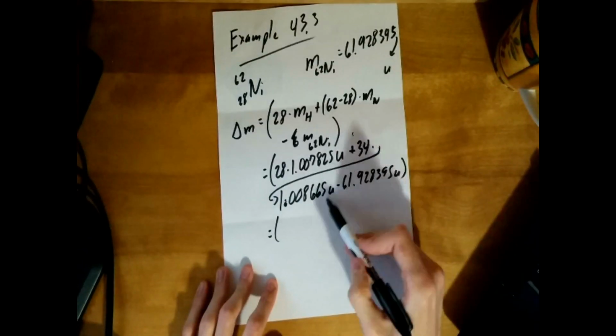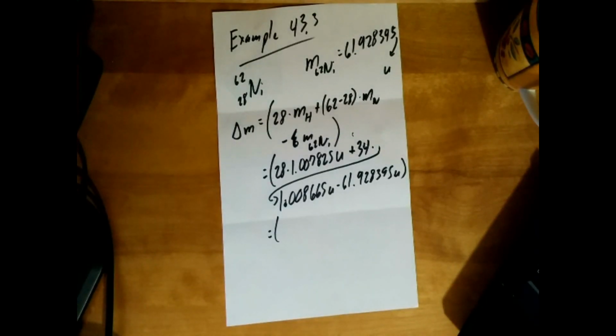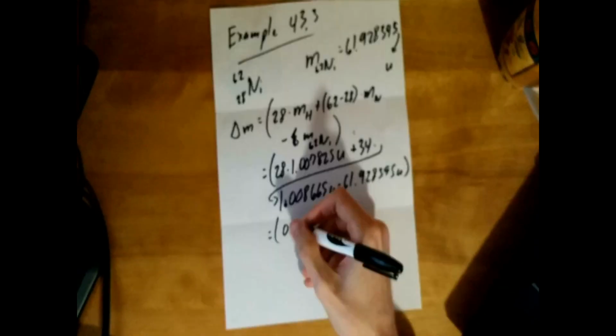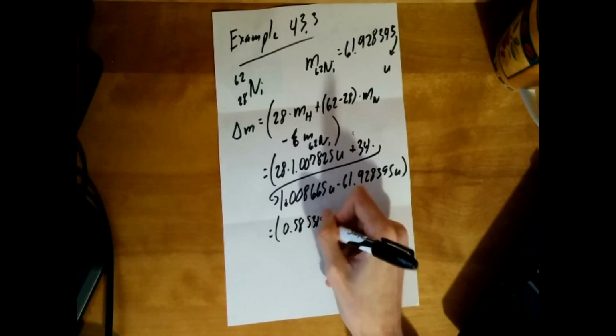So I'll put all the U's towards the right and just find all of the factors in front. So I have 28 times 1.007825 plus 34 times 1.008665 minus 61.928395, which gives me, with all of the numbers, 0.585315.